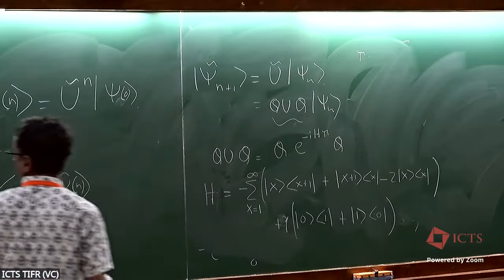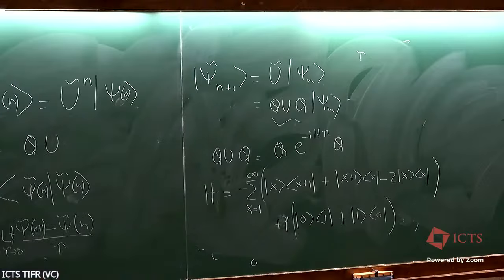Between all these sites, the hopping amplitude is 1. Between these two sites it is, let's say, some gamma. So this transition amplitude is gamma, and everywhere else it's 1.